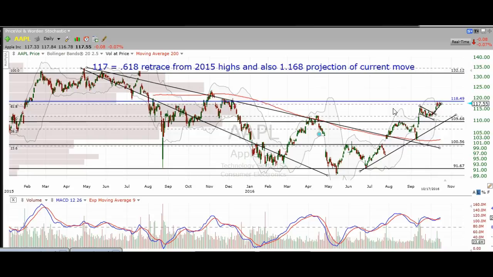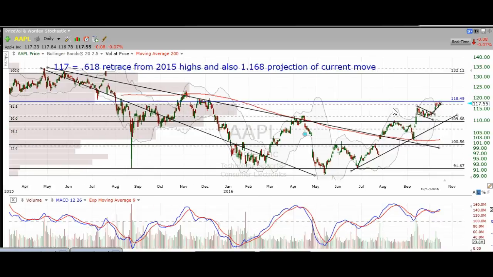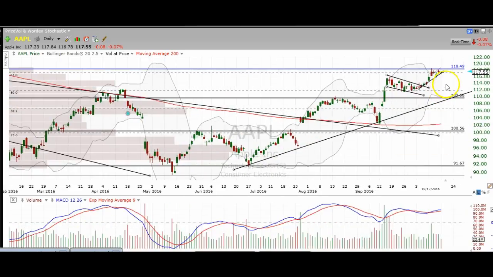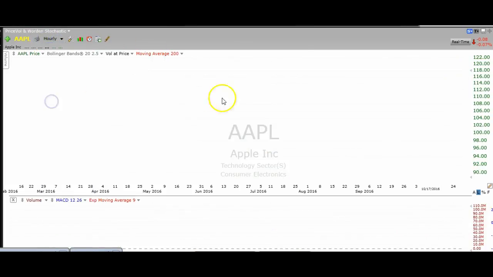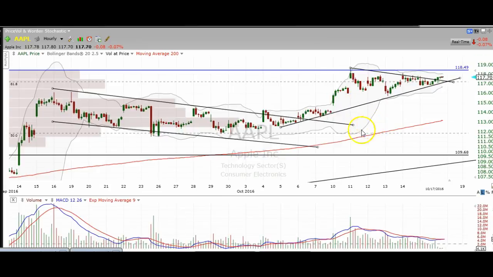So what about now? What are we looking for now on Apple? Well, Apple, definitely some potential downside can happen here, especially with these weakening candles and reaching this target. I'm going to switch to the hourly time frame so you can see what I'm looking at. So what I have here is this uptrend line right here, a couple touches right here, right there, as well as right here.